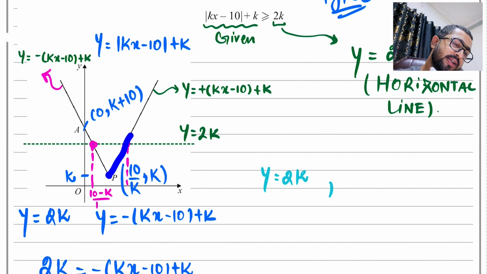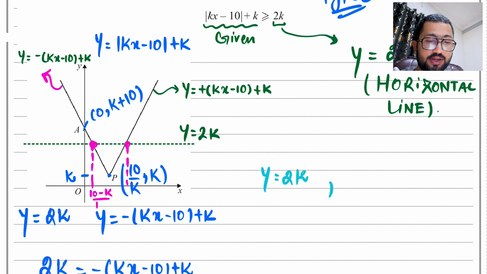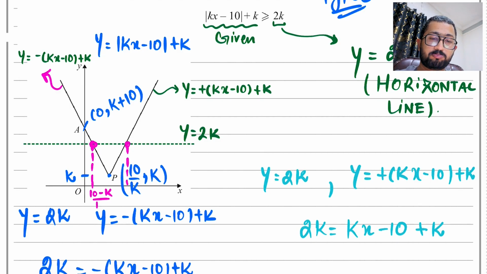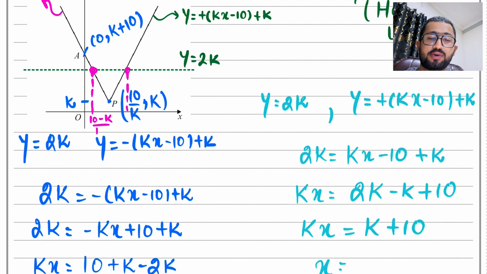What is the equation of the second line? This is kx minus 10 plus k with positive sign. So put it equal to each other and find the value of x. So kx equals 2k minus k plus 10. I hope you can do this simplification easily, bacha log. So 2k minus k becomes k, and x is equal to (k plus 10) over k.